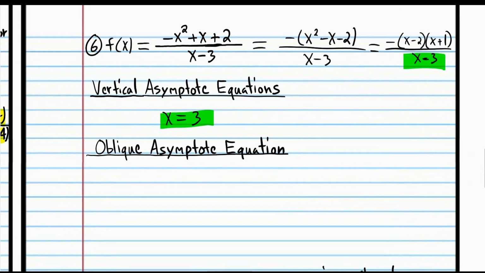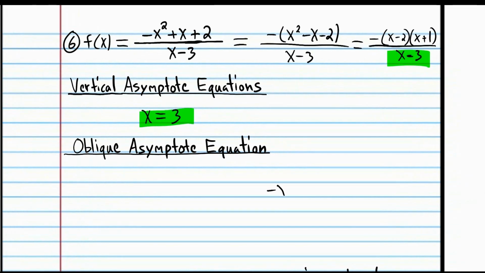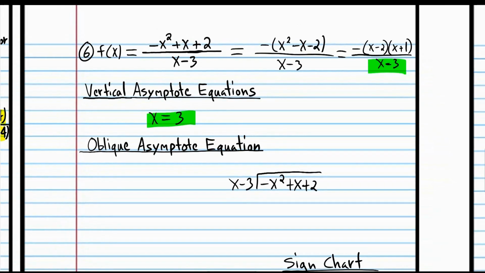And to find the oblique asymptote, we have to take the numerator of the original expression and divide by the denominator of the original expression.